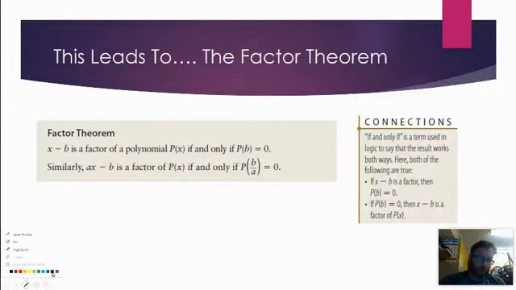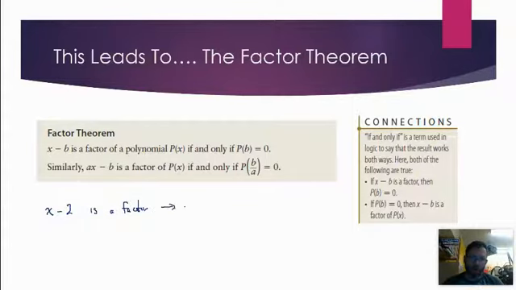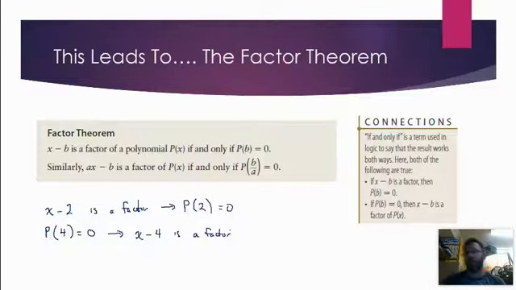For example, if x minus 2 is a factor of a polynomial, that means the value of the function at 2 is equal to 0. But it works the other way too. Let's say you plug 4 into the polynomial function and you get 0, then right away you can conclude that x minus 4 is a factor. So it works both ways, and that'll be very useful for us as we try to factor larger and larger polynomials.